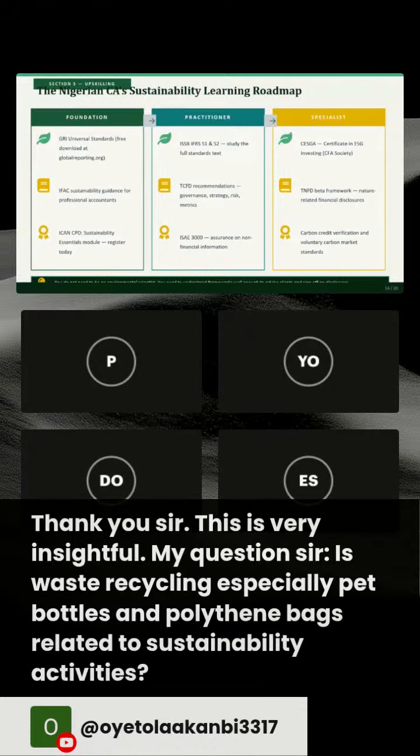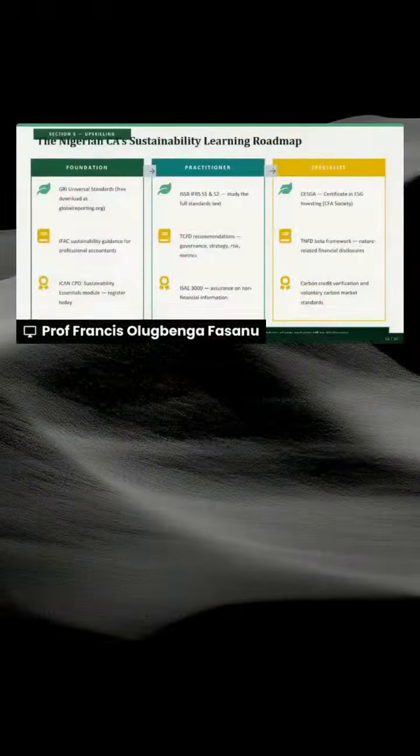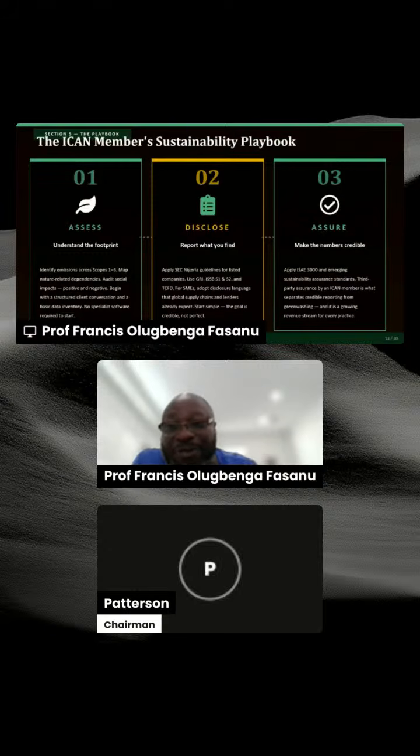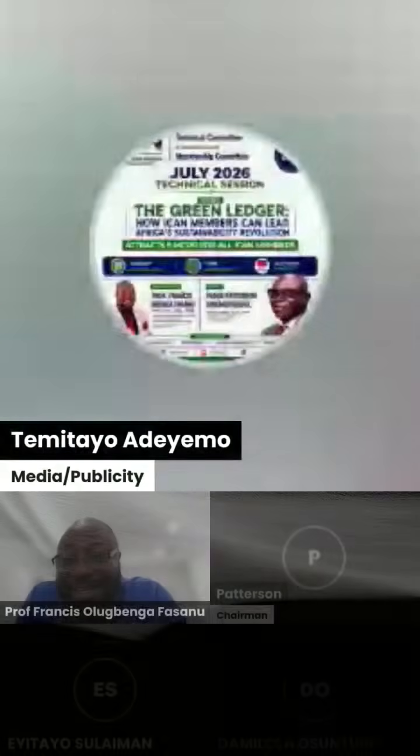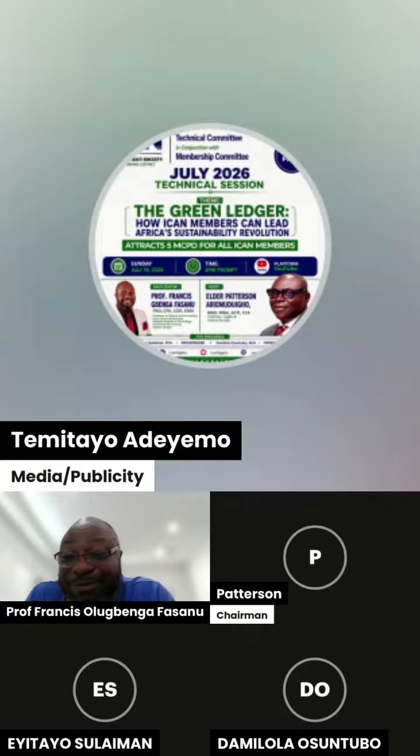There's another question on the screen. It says, is waste recycling, especially PET bottles and polythene bags, related to sustainability activities? Yes, absolutely. Those are all part of what you have to assess when you are doing your assessment. Let me go to that slide. Under assess to understand the footprint, those are part of what you have to assess.